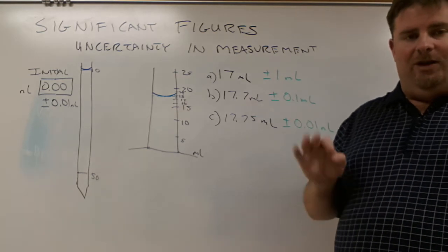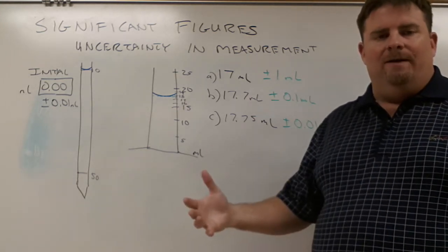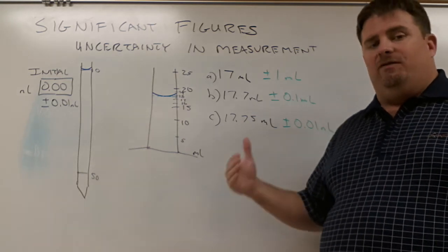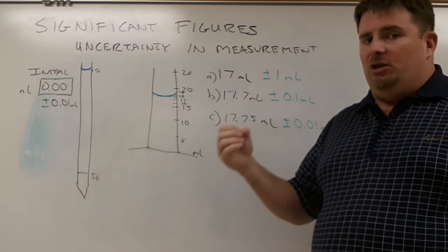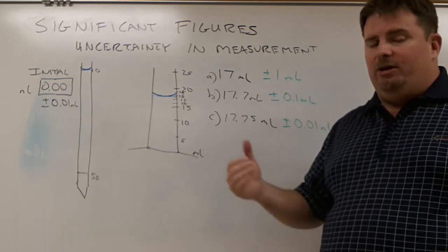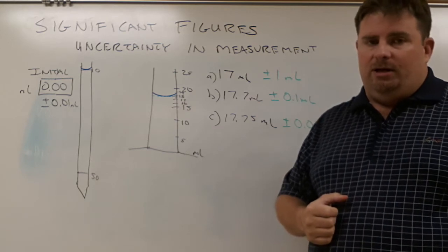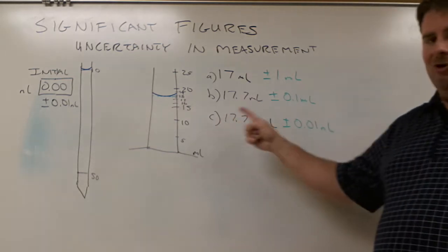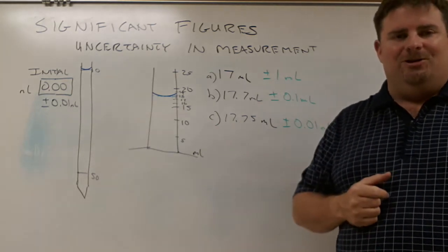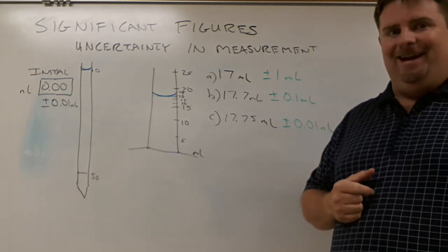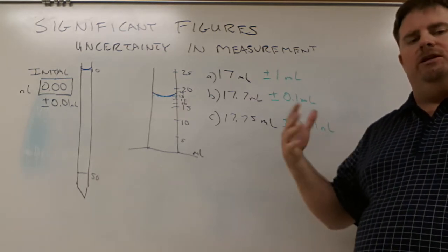When I start doing mathematical calculations later, I have to hedge on the side of caution, and the lowest number of significant figures is probably going to control the mathematics associated with that calculation. Okay? So the more significant figures you have, the better the overall calculation is going to be. The lower the number of significant figures you have, the more uncertainty you're going to have with it.